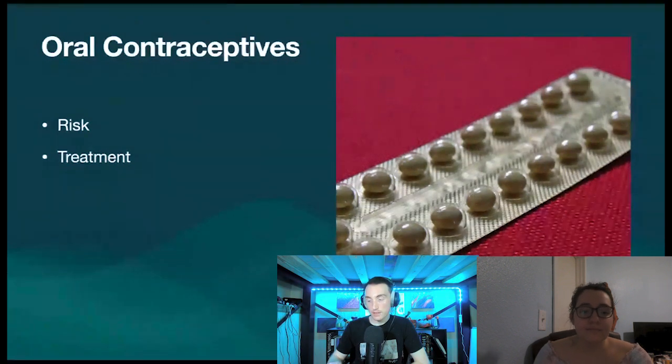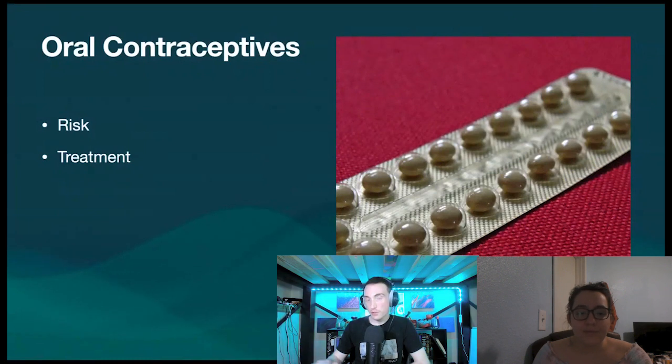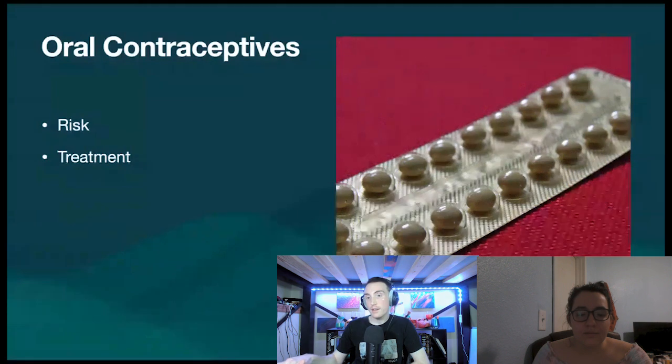So the risk is lower when using oral contraceptives compared to being pregnant, but compared to someone who's not pregnant and not using oral contraceptives, the person using oral contraceptives has a higher risk.